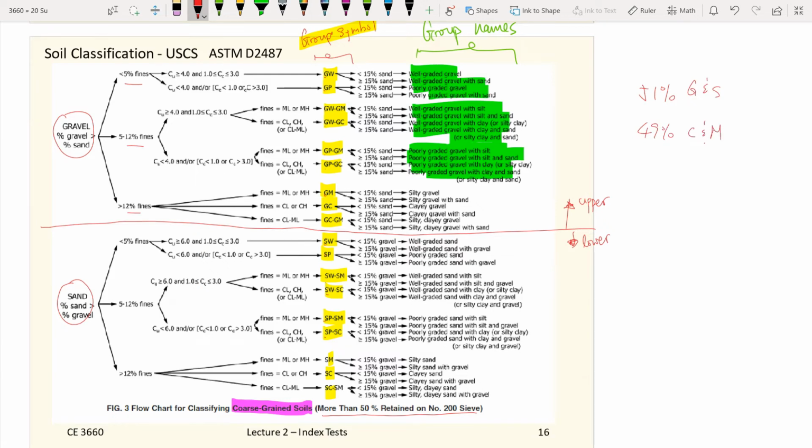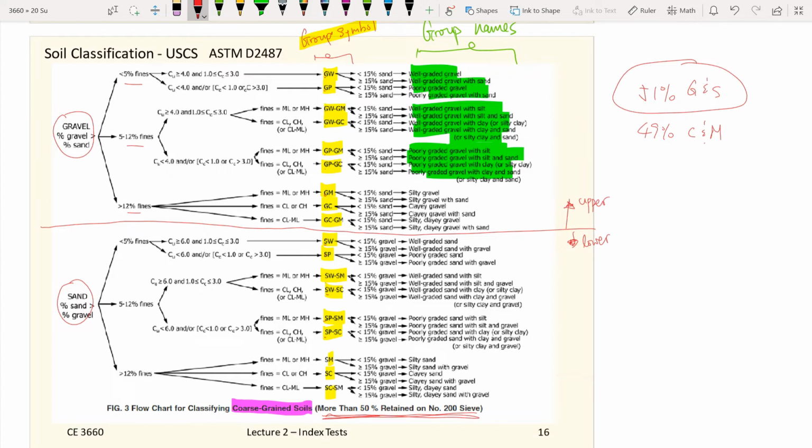According to the ASTM standard, you still classify the overall soil sample as coarse-grained material. And now you look at within the 51%, whether you have more sand or more gravel, then you decide whether you use the upper chart or the lower chart.